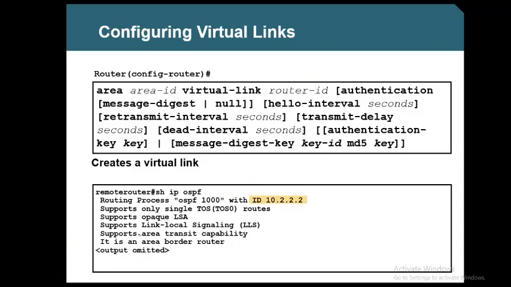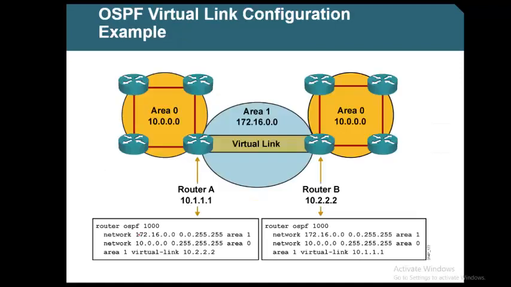So the configuration command is like this. We'll do a lab. Have we done a virtual link lab before? No, we have not done a virtual link lab before. Okay, we'll do this lab. So we're going to see virtual link.